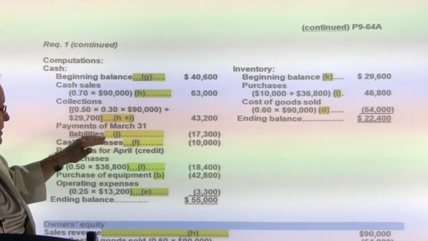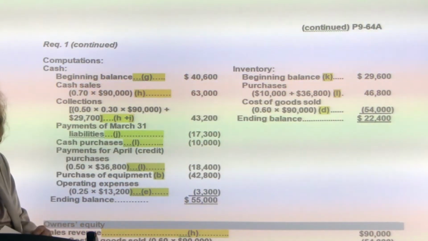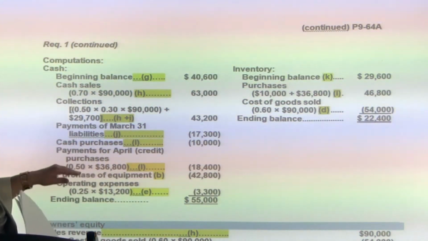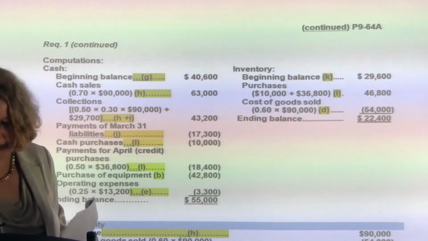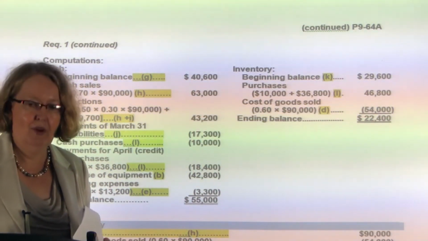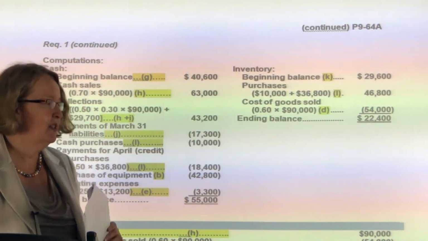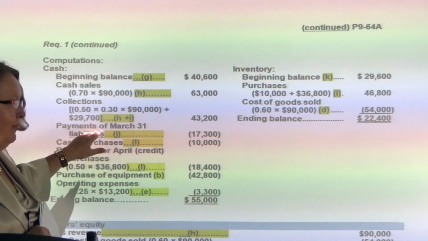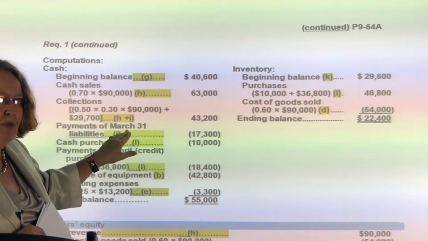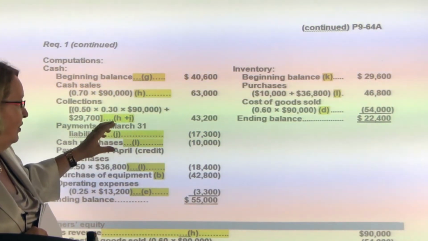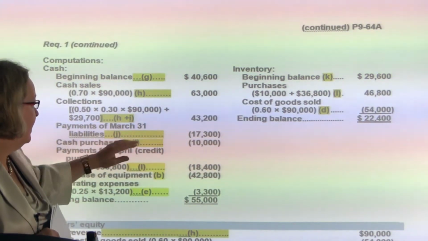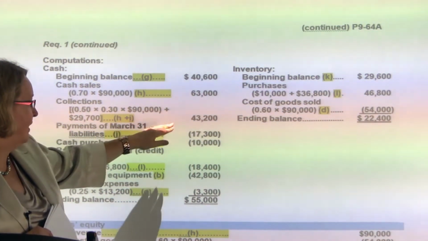The other piece that's factored into collections, coming from number I in the problem, is that in the month of April you collected $29,700 for 50% of the March sales, which you then collected in April. So collections are impacted by the current month and the previous month. So the total is $43,200.